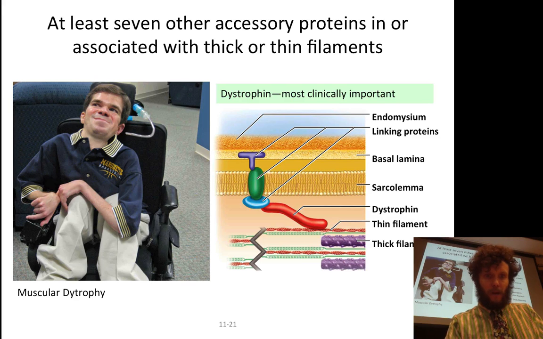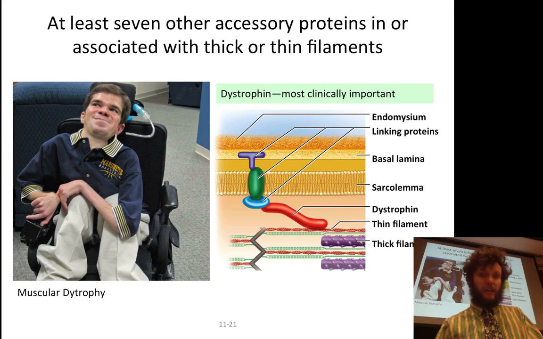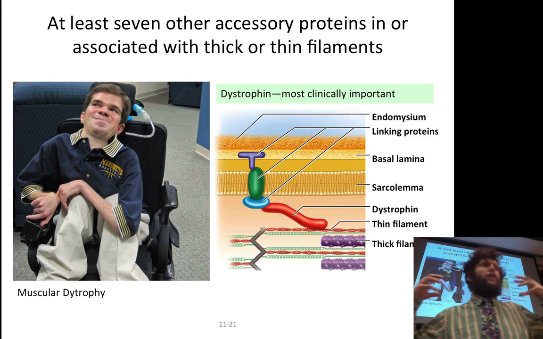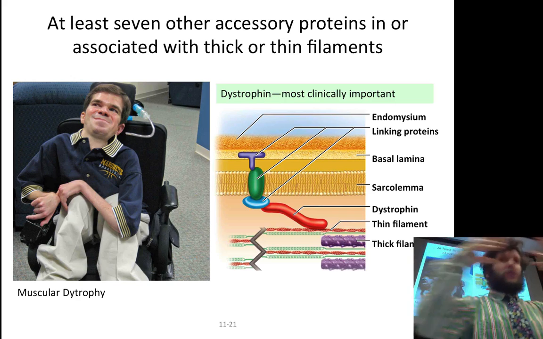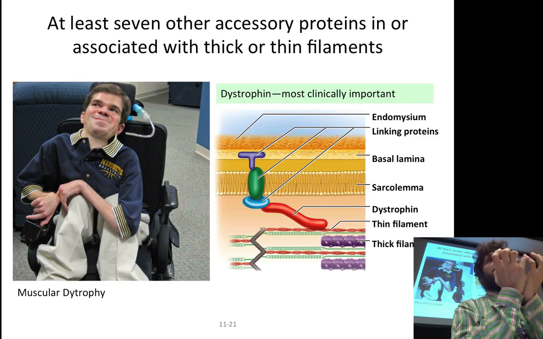All right. So that's just a small look at the cast of characters. There's a whole host of other accessory proteins that associate these myofibrils with the sarcolemma, because there would be no effective contraction if these contractive bundles were just contracting inside the cell but not actually squeezing the cell down, right?